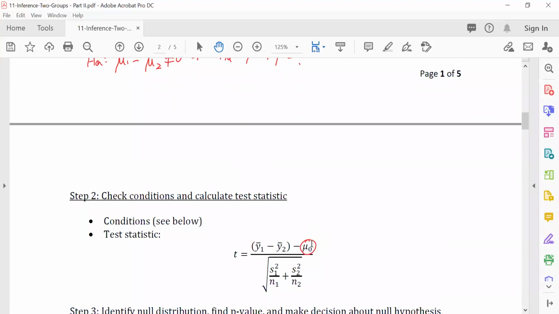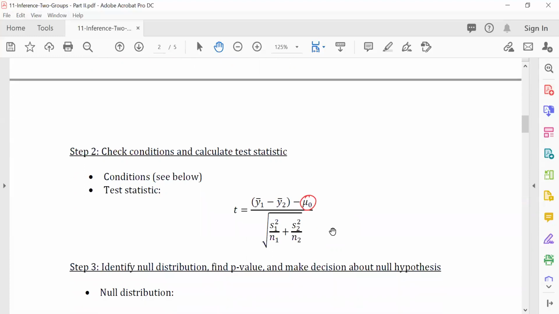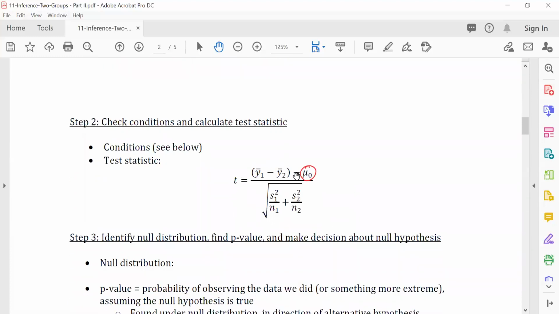Of course, it depends on the context of the question. If the question is asking whether the difference between the means of the two populations is 2, then this one will be 2. But most of the time it's 0. So this is a t-distribution.